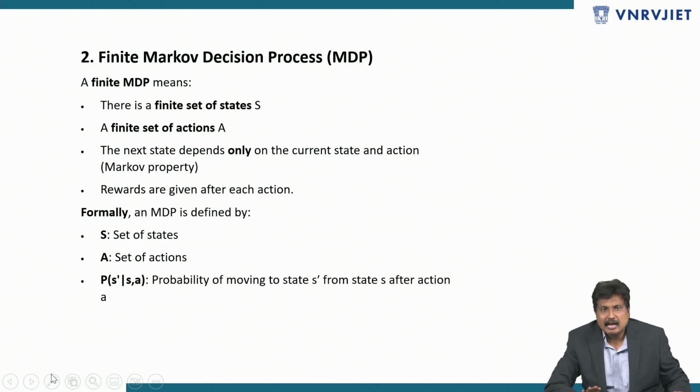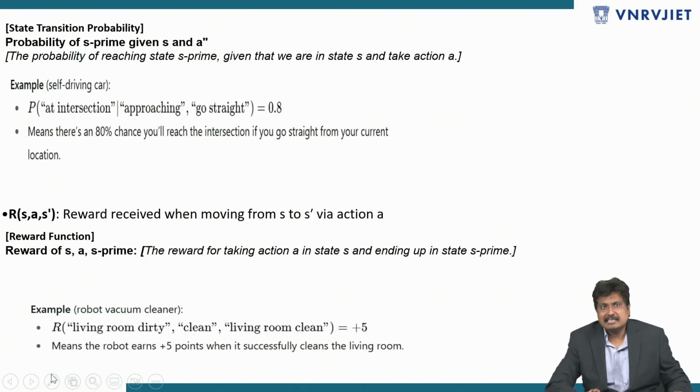Formally, an MDP is defined as capital S, a set of states, capital A, a set of actions, and P(S prime | S, A), which means the probability of moving to state S prime from state S after action A. That is the state transition probability.